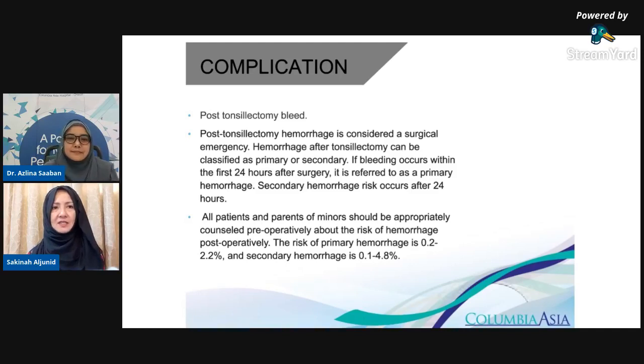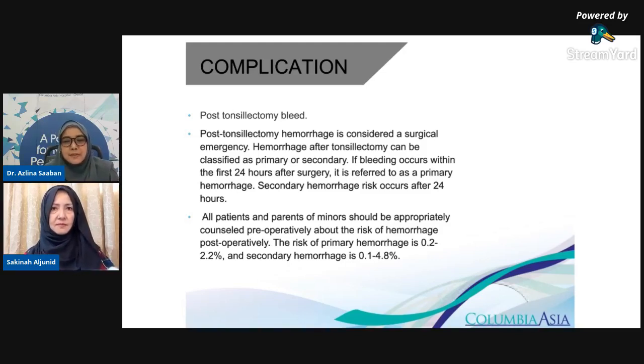Okay, since it's a routine surgery, but of course any surgery comes with complications, as I understand. So what are the complications that may happen, and in what circumstance? Usually we divide the complications into during the operation and after the operation.